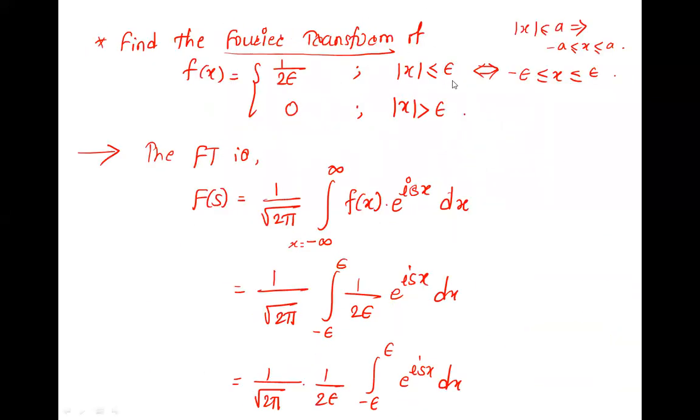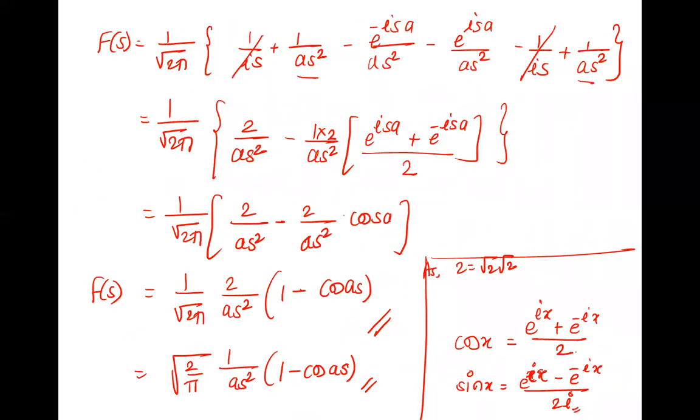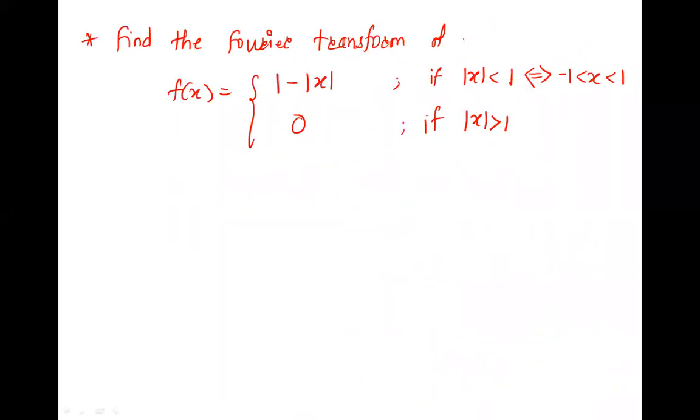Mod x is less than something means minus a is less than x is less than a. If it is less than or equal also. Right? So this is not provided. We can write that according to our definition. Everywhere else the value of the function is 0 and the only place where your function is defined is minus 1 to 1.